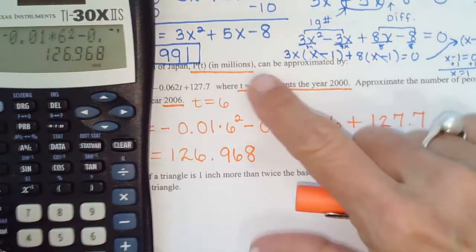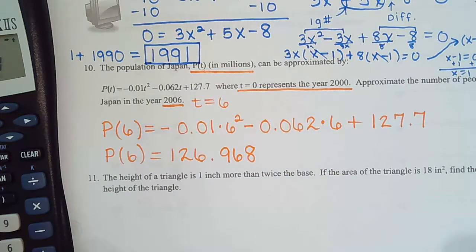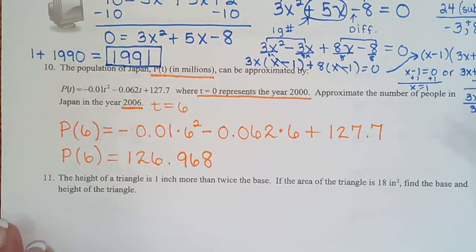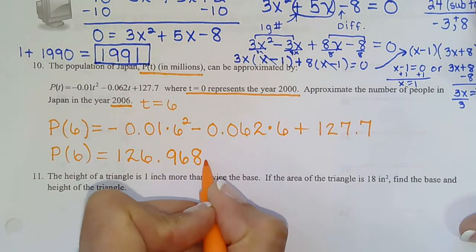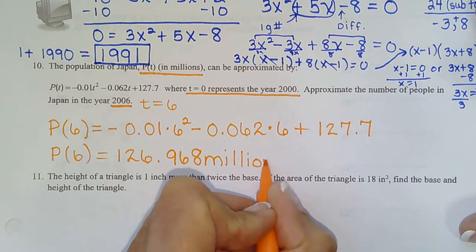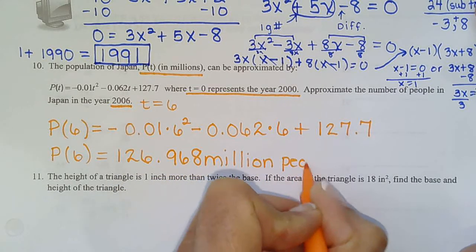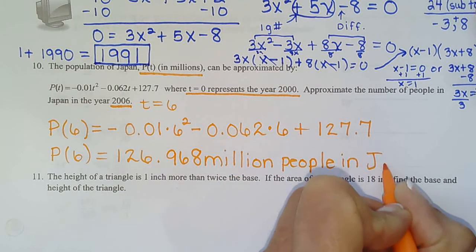Oh, P represents the population in millions. So we don't have 126 people. We have 126 million people in Japan in 2006.